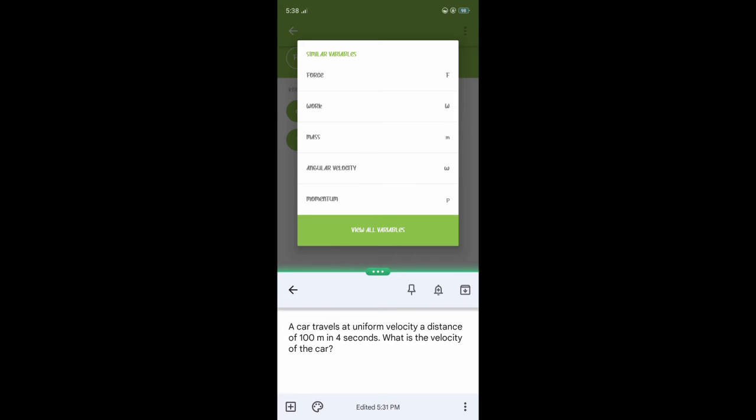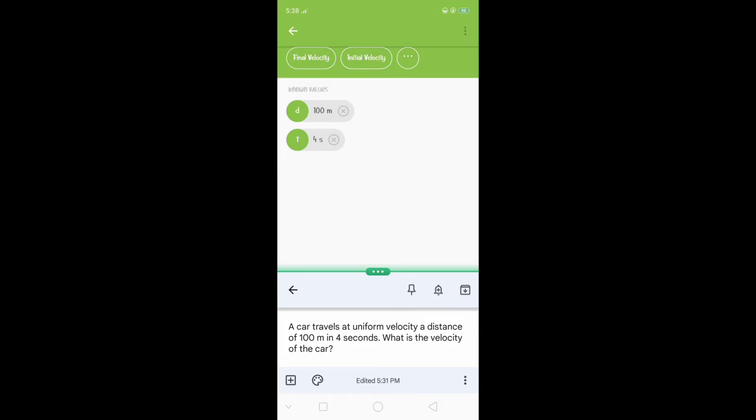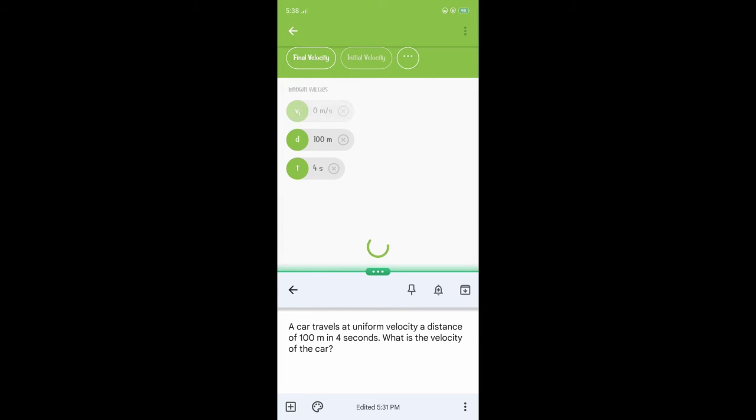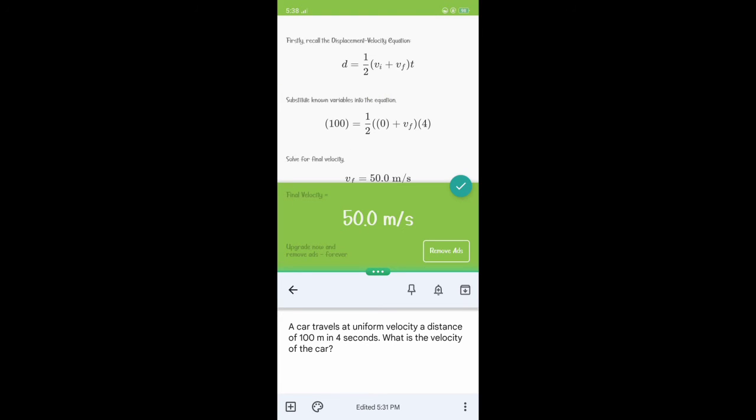And our initial velocity, so let's substitute since we will find the final velocity. So it's 0. So the velocity of the car is 50.0 meter per second.